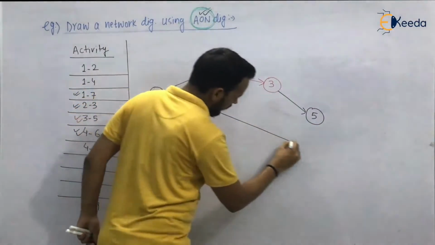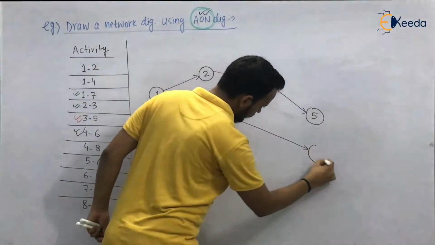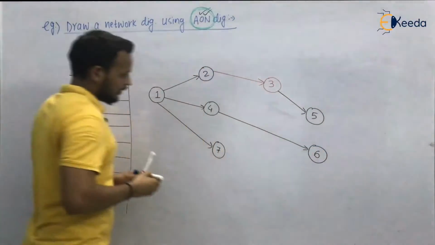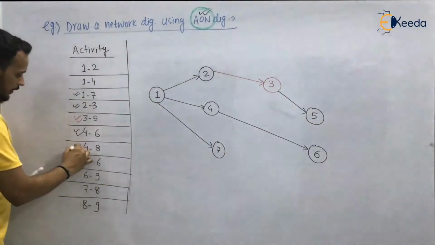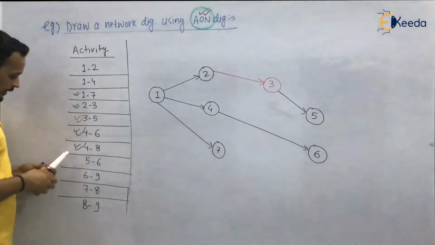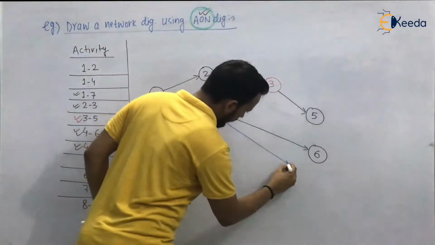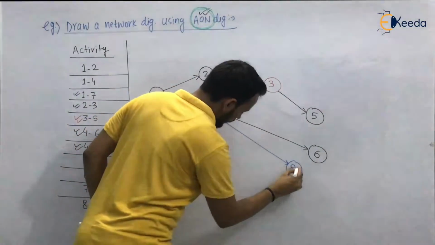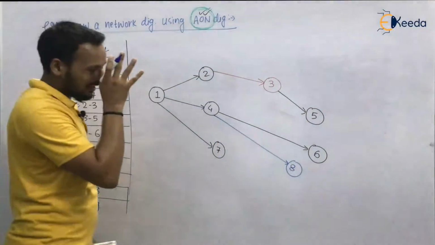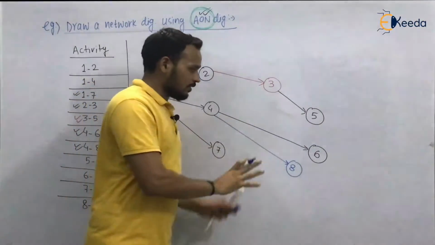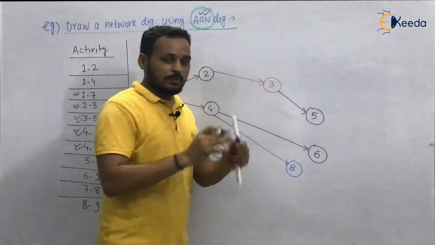Just draw it somewhere. 4 and 8. Draw it like this. Just draw it, and in the end you just watch which ones have to be matched.